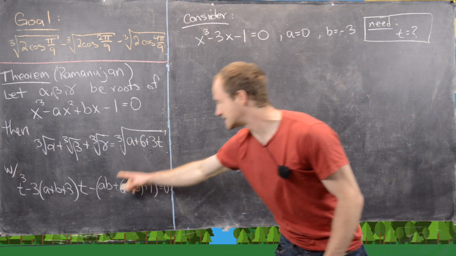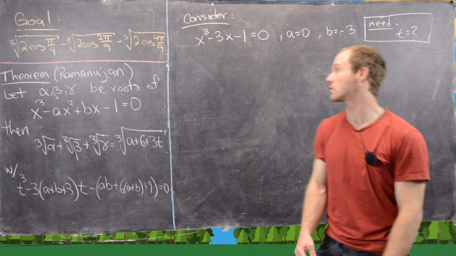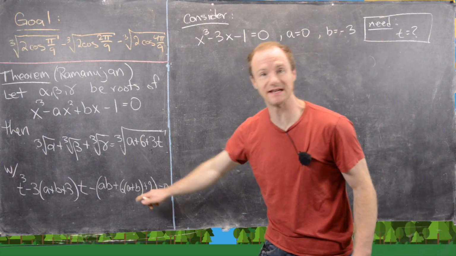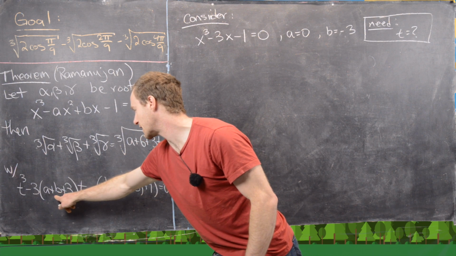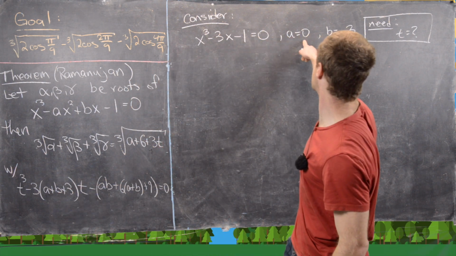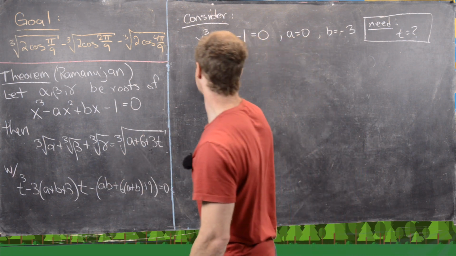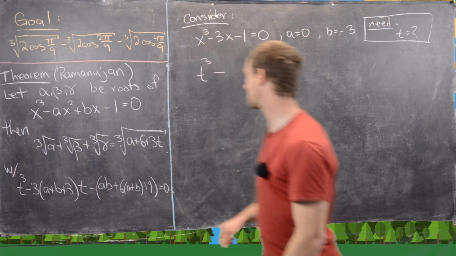So let's notice down here by this definition, we have t satisfies this polynomial equation. Okay, so now plugging our a and our b values into this polynomial, we'll see that this part goes to 0 because we have a plus b plus 3, but that's 0 plus -3 plus 3, so that's going to leave us with t cubed minus, and now let's see what we get for that.